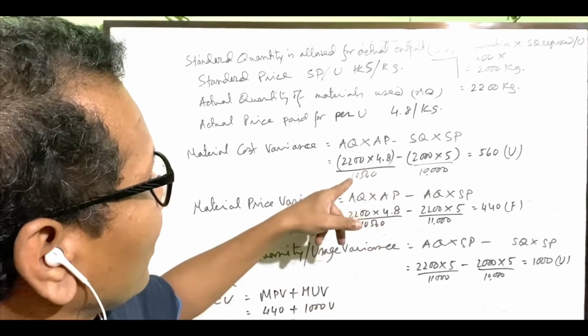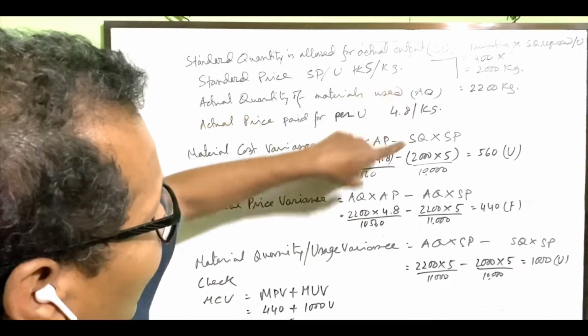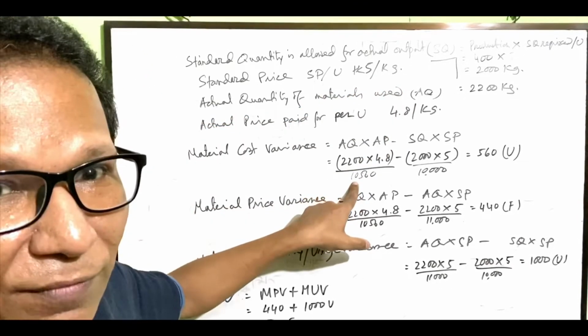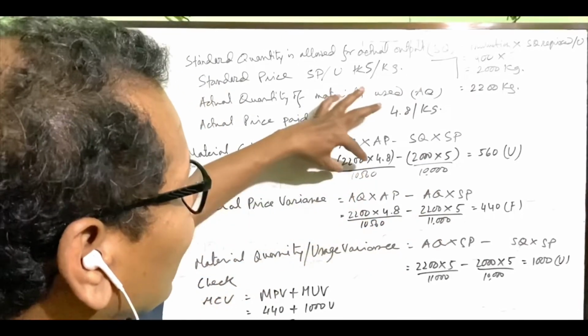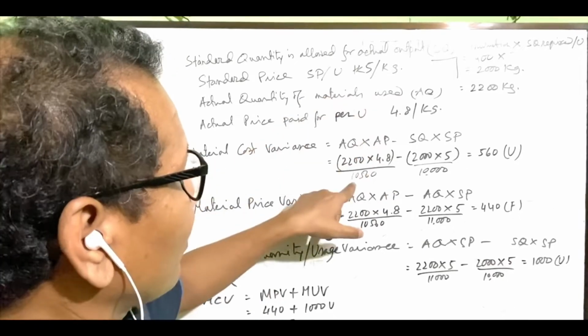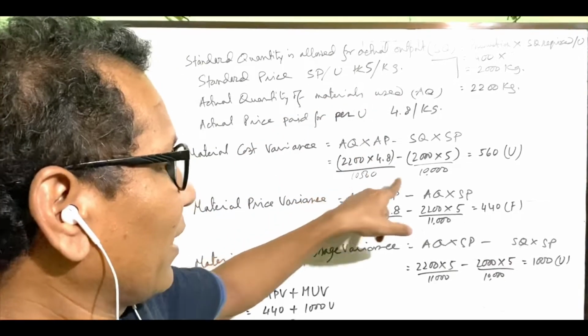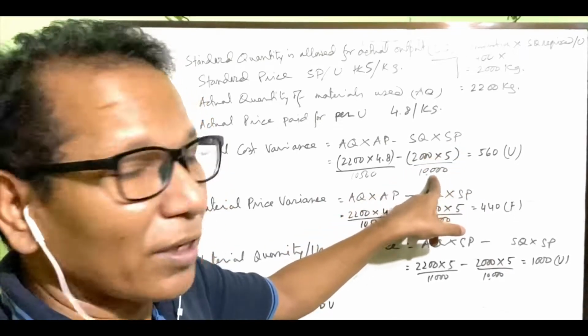So we see that this part equals 10,560 and this part equals 10,000. Here the first part is actual quantity and actual price, that is 10,560, and this part is standard quantity into standard price, equal to 10,000.